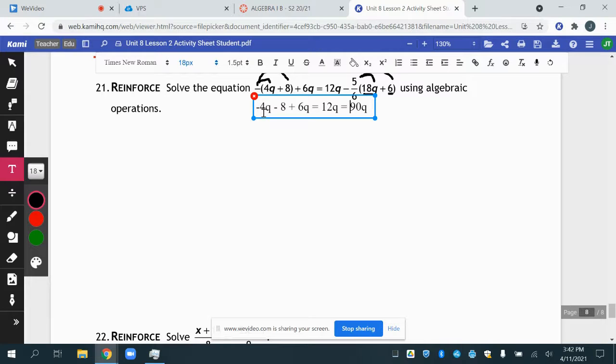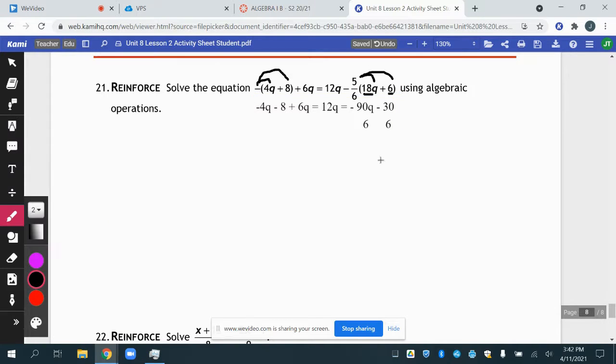Oops, it's minus 90q. Minus 30. I can't forget the fact that the bottom also has a 6.